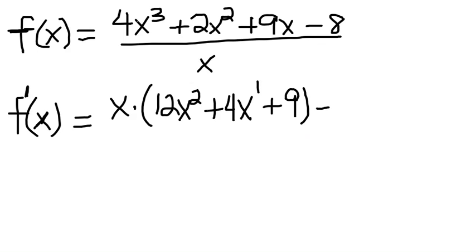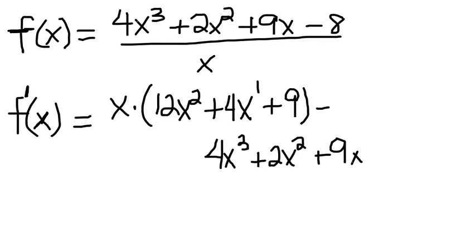So now we got to do high, which is the whole 4x cubed plus 2x squared plus 9x minus 8, times D low. Well, D low is the derivative of the denominator, which is the derivative of x, which is 1. So we're just going to put a 1 there.